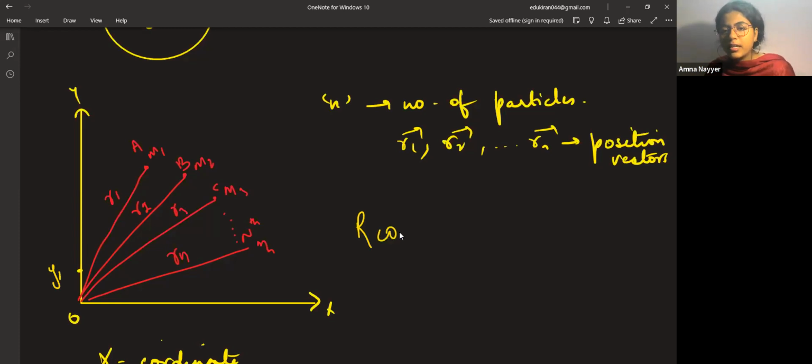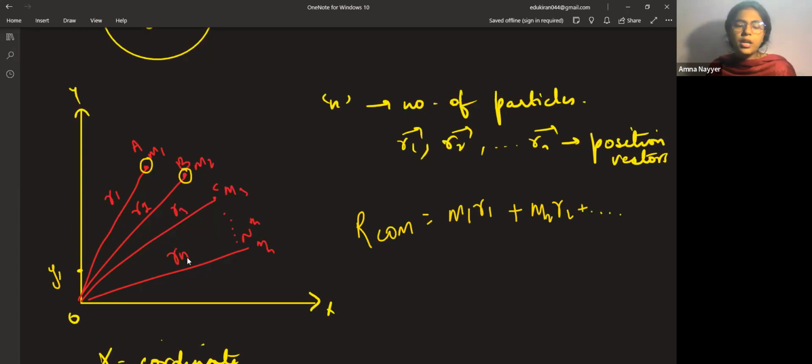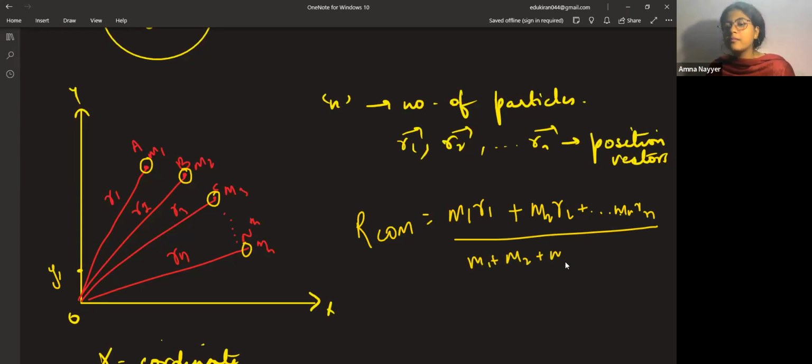The generalized formula of center of mass is M1R1 plus M2R2 plus M3R3, M4R4, finally MnRn, divided by the sum of all the masses, that is M1 plus M2 plus M3 plus M4 up till Mn.